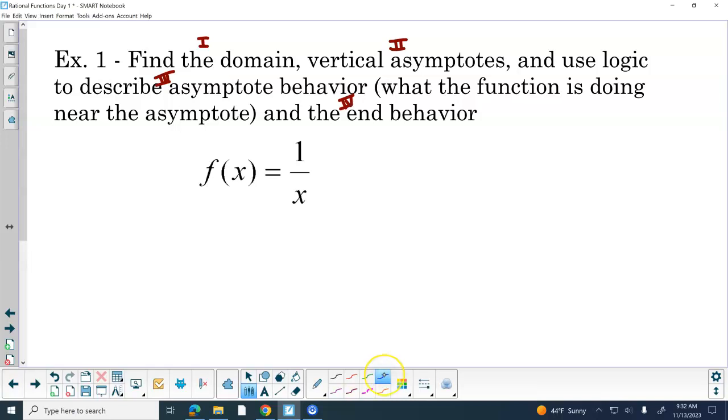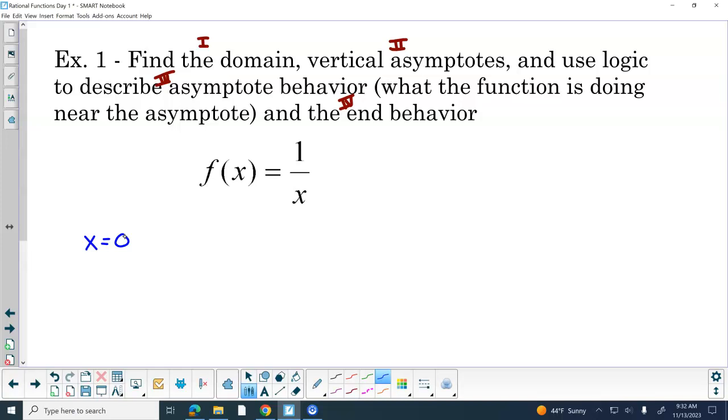How do I go about, from our supplemental note sheet that we just started, finding the domain of a rational function? Ray, go. Set the denominator equal to 0. So in this particular case, it would be x equals 0, correct? And then I should solve it. Did that already, right? Okay, all right.